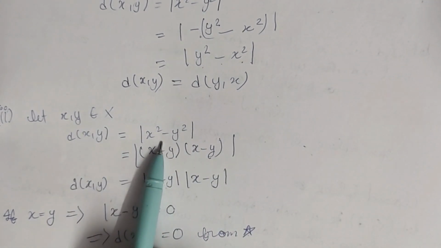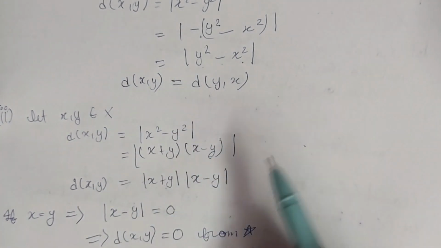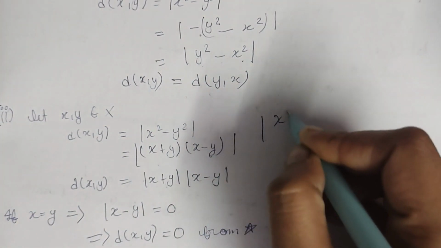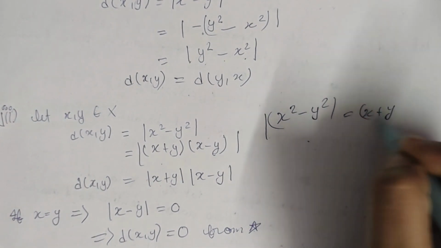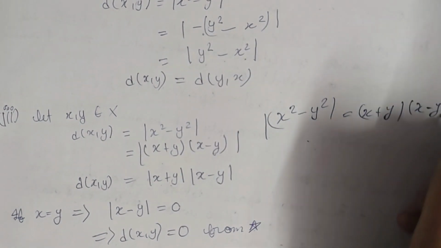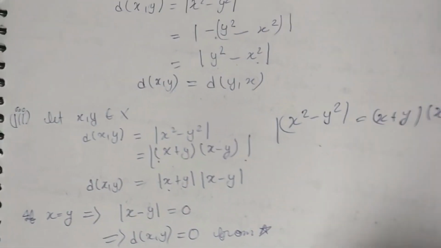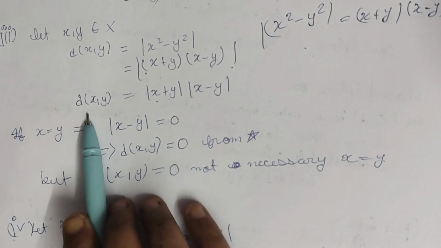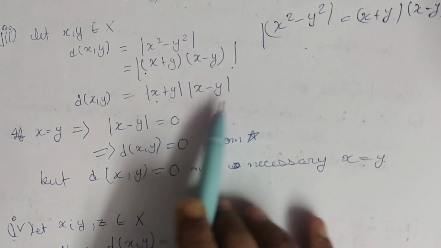d(x,y) equals modulus of x squared minus y squared. We use the property that x squared minus y squared equals (x plus y)(x minus y), so d(x,y) equals modulus of (x plus y)(x minus y).